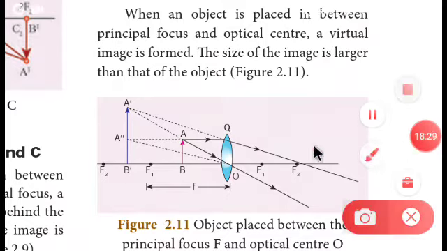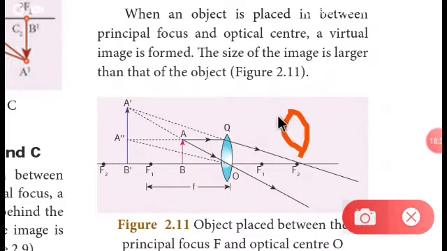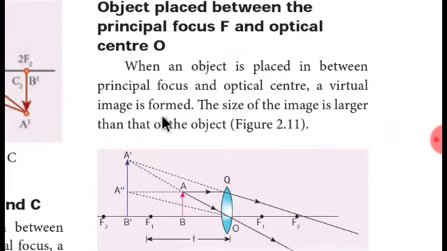If you see from this direction through the lens, you can view the object, not here, you will be seeing the image only. Here it's very enlarged, right?